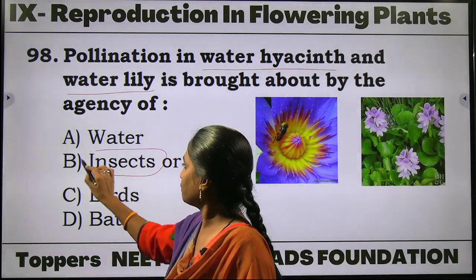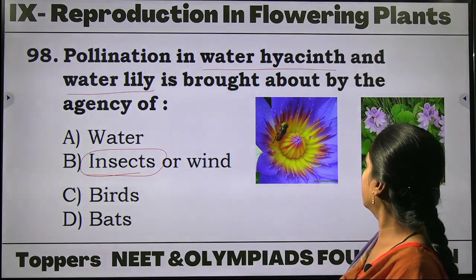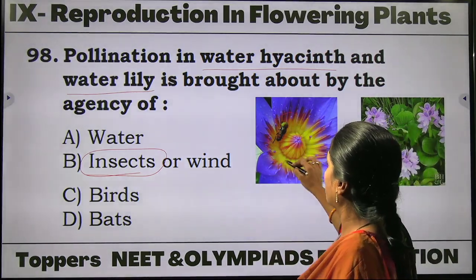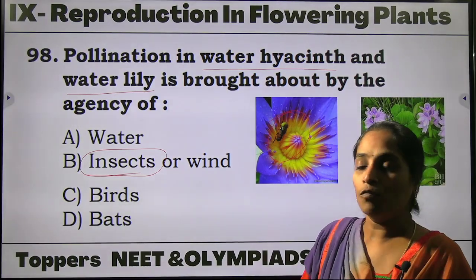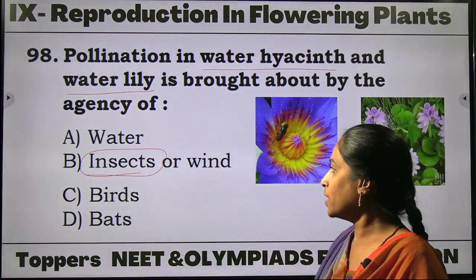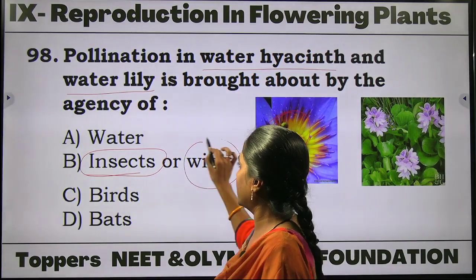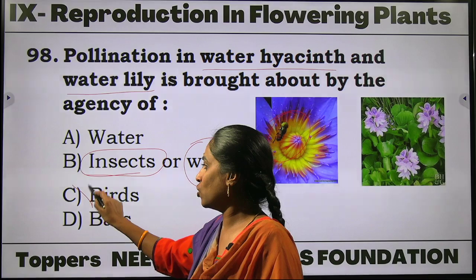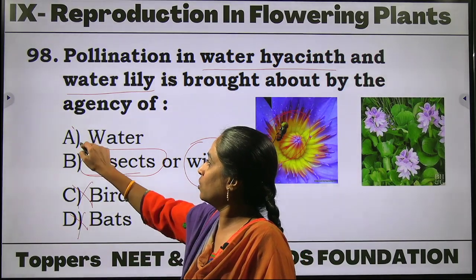Insects do pollinate in the water lily. Okay, so the entomophily type of pollination can be seen in the water lily. And coming to water hyacinth, the wind is acting as the agent for the pollination process, not birds, not bats, and not water alone.